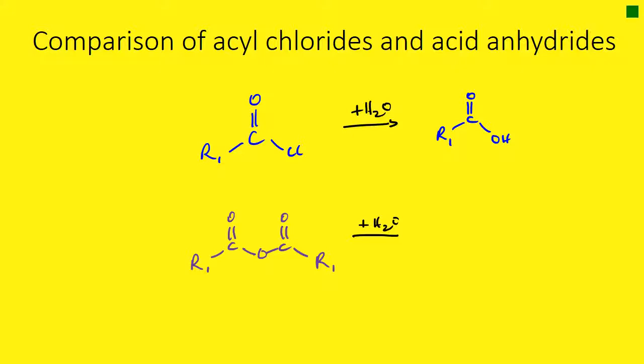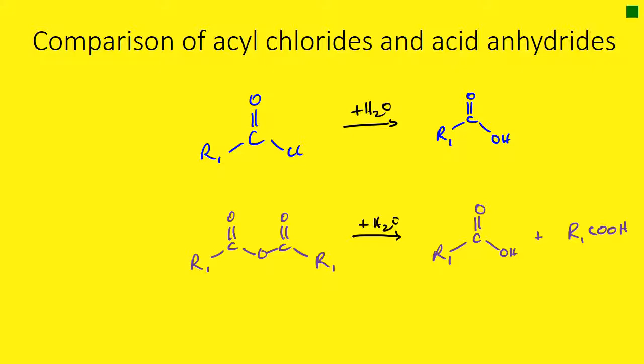But with the acid anhydride, you're going to get that same acid, but you've got the rest of the molecule to worry about as well. So you also get another acid group, which we'll summarize by writing just like that.